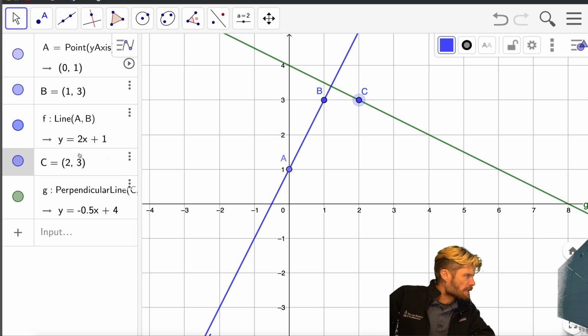The green line has a slope that is different. So how would you describe this? The slope for the blue line is up 2 over 1, and the slope for the green is negative 0.5. So what are we doing here? We are going down 1 over 2.